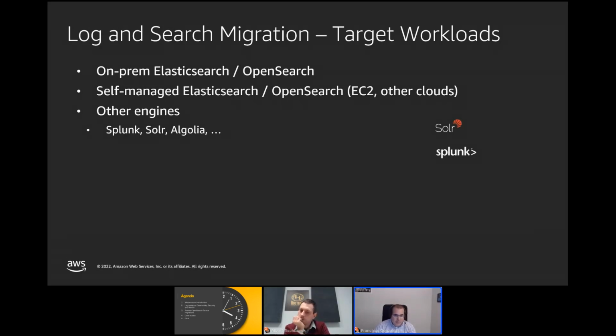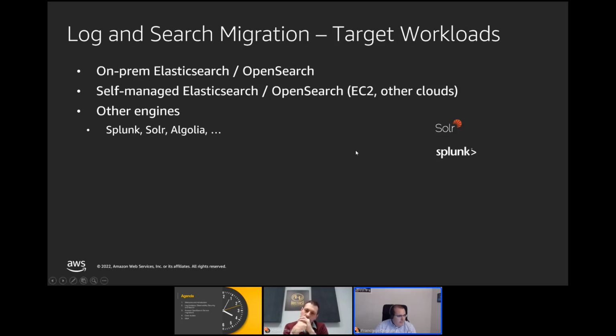There are also many other customers running Splunk or Solr or Datadog, and they may want to migrate some of the workloads to Amazon OpenSearch Service. These types of migrations require a little bit more work, but in the end, it provides the functionality that customers require at scale and with price performance.